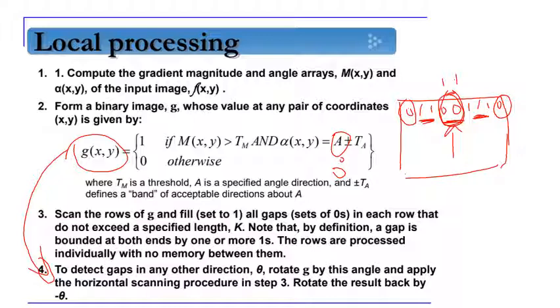Here I have not considered any specified length k in this example. The specified length can be, let's say, 2. If the specified length is 2, only then will I fill this. If instead of 2 zeros I get 3 zeros, and my specified length is 2, I will not fill these 3 zeros with ones, because that does not represent the image. So specifying the length is sometimes important.